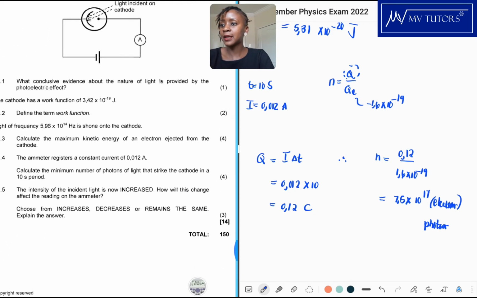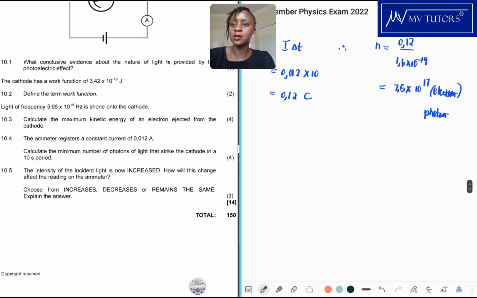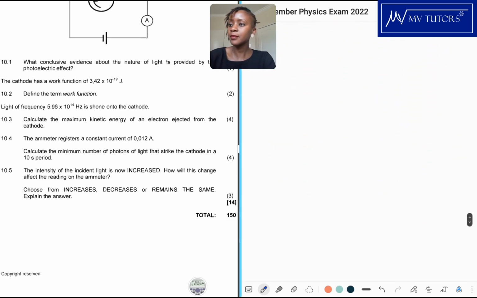Alrighty, now let us get to the last question. Okay, 10.5. So now it says the intensity of the incident light is now increased. Okay, guys, please go check out the video where we get into depth with regard to the photoelectric effect.